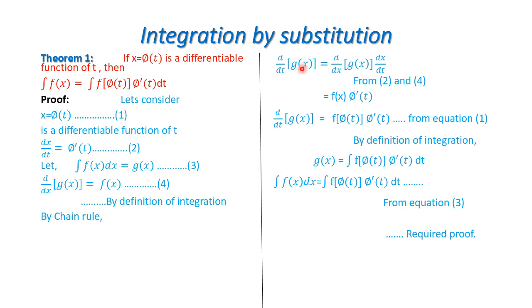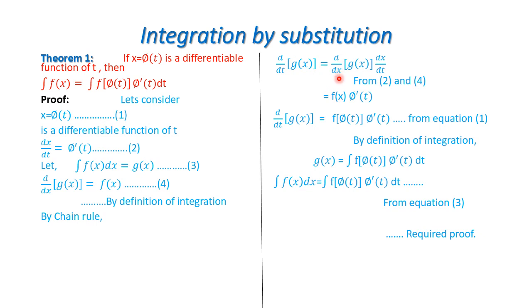Here you can see that g is a function of x, and still we are differentiating it with respect to t. Why, and how can we differentiate it? Because though g is a function of x, x is a function of t, and hence by using the chain rule we can differentiate this function with respect to t also.